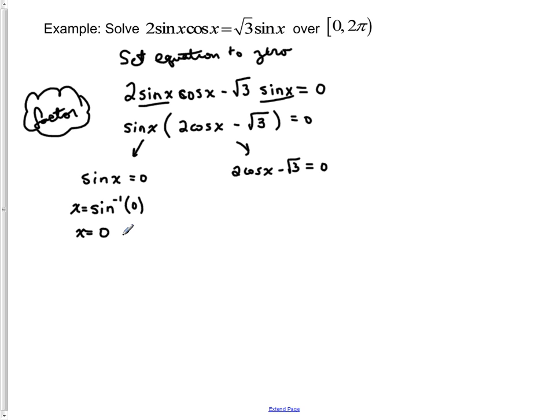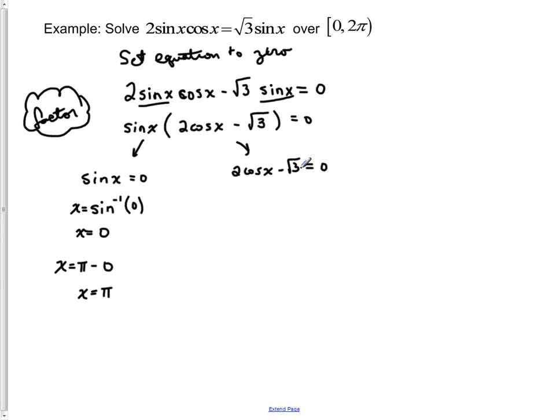Well, this is actually a quadrantal angle along the horizontal axis, and we know that sine of x is equal to 0 at those quadrantal positions. So our other position would be at x equals pi minus the reference angle. We're taking 0 to be a reference angle, so x equals pi would be our second angle that makes this true on the interval from 0 to 2 pi.